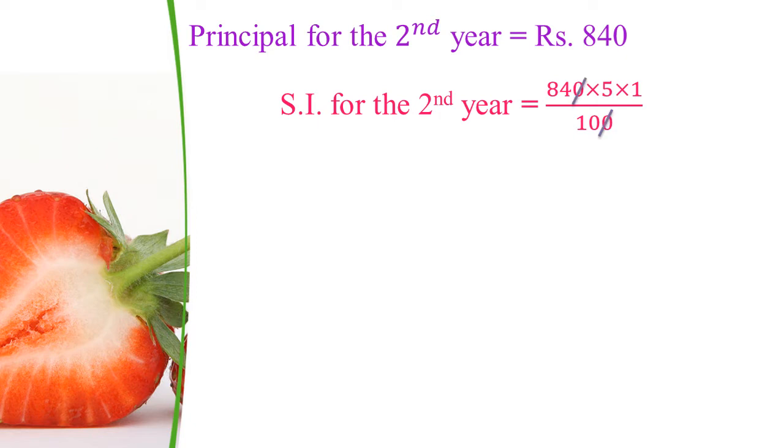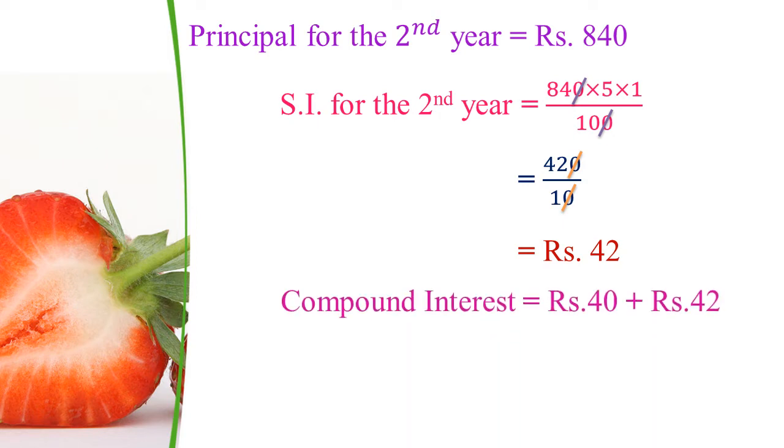Here 0 and 0 gets cancelled out. 84 multiplied by 5 by 10. We get 420 by 10. Here 0 and 0 gets cancelled out. So the simple interest for the second year is rupees 42. Now we are going to find the compound interest.